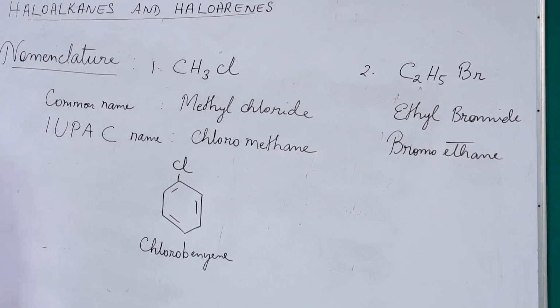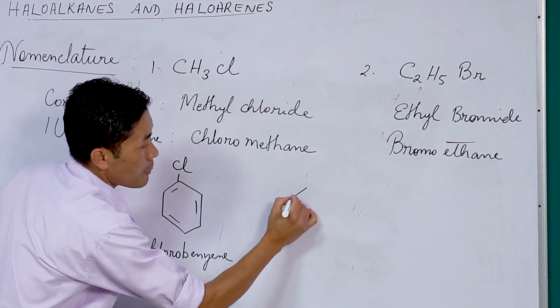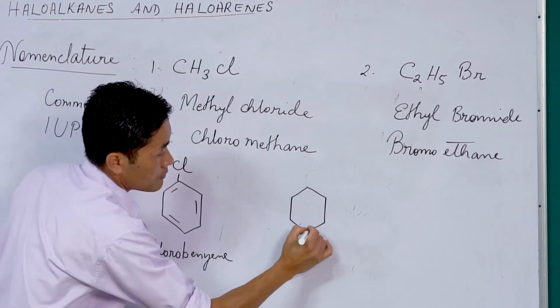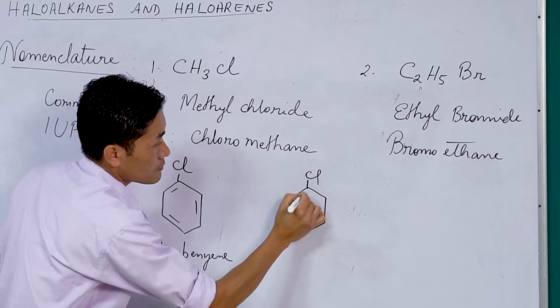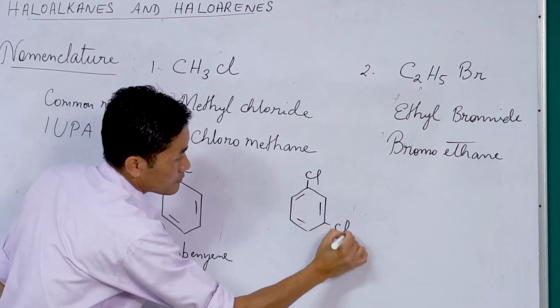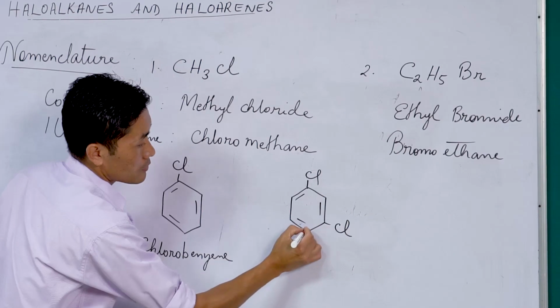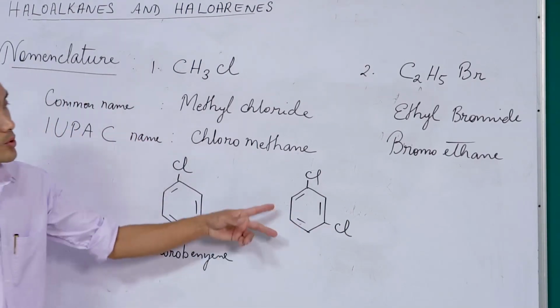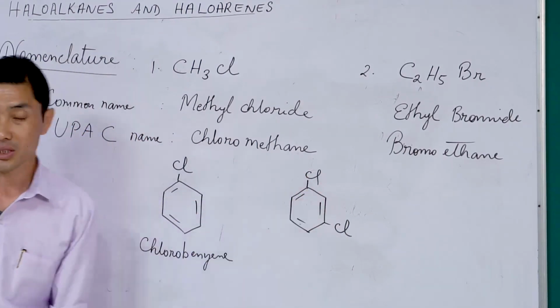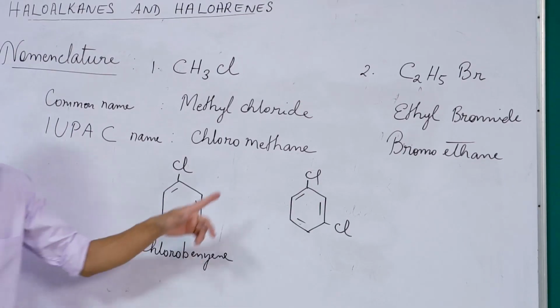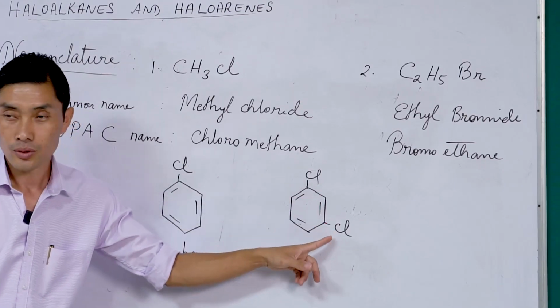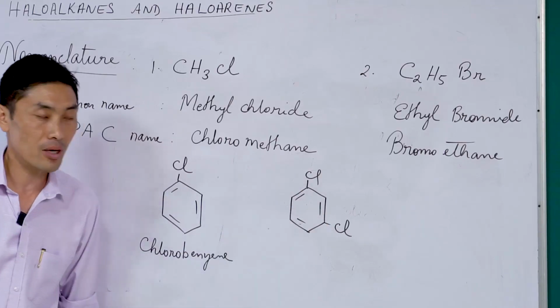Now if we have dihalosubstituted compounds, if there are two halogen atoms in the ring, suppose two hydrogen atoms have been substituted by chlorine atoms in the ring, we have a dichloro compound or a dihalosubstituted compound.